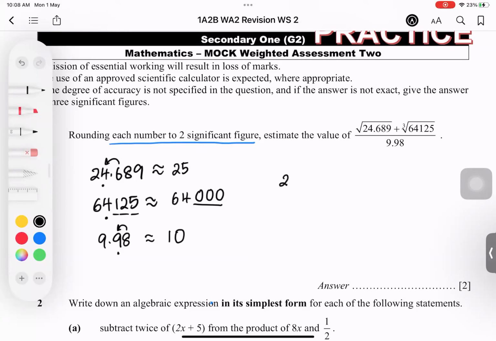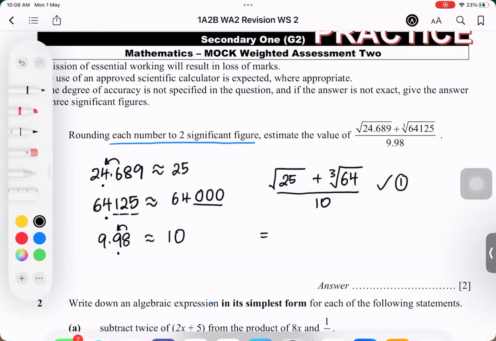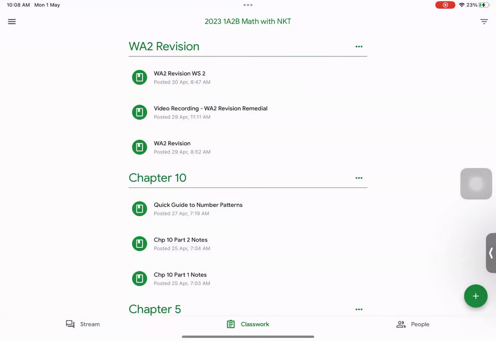Okay, so now this one is square root 25, plus cube root of 64 over 10. The working, you must show the working here, got 1 mark. Then you have this. Rian, are you able to find this paper? This one is on Google Classroom.